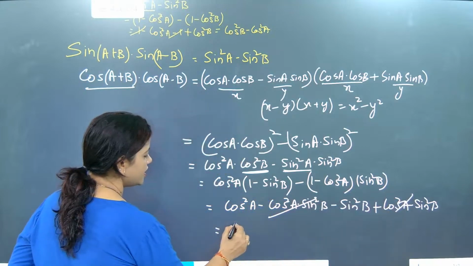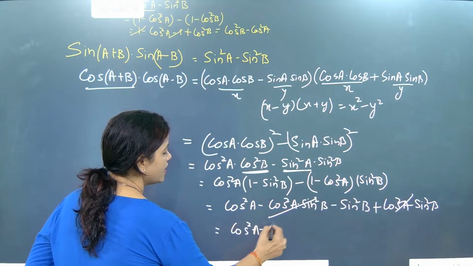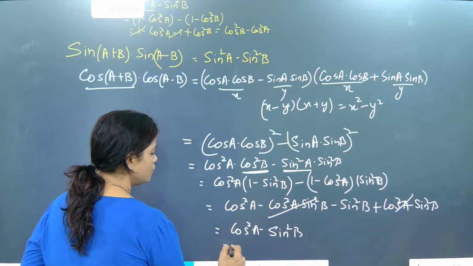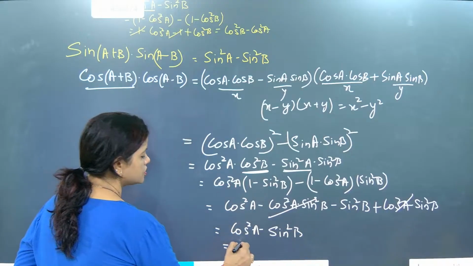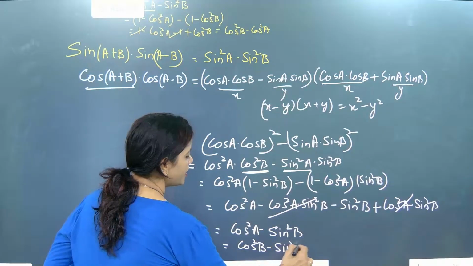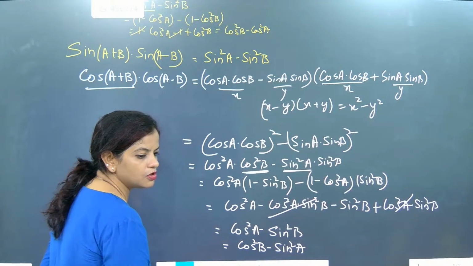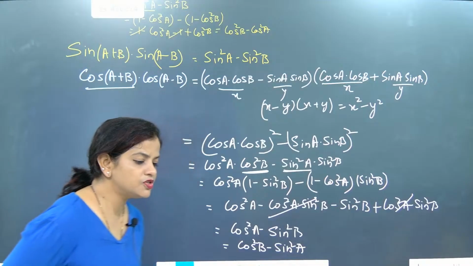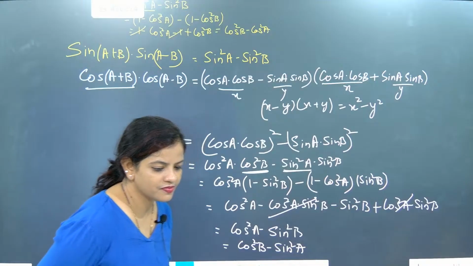So what are we getting? Cos square A minus sine square B. And if I have to do the opposite of this, means cos square B minus sine square A. So this opposite also we can change. This is the most important section, beta, where students are having problems.